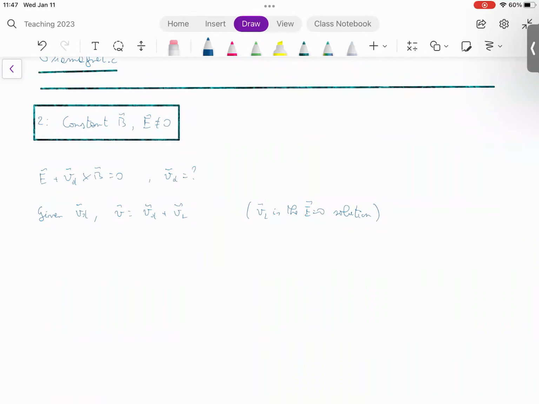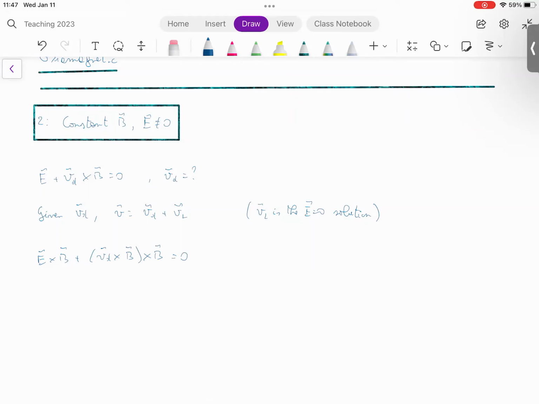I'm going to take my first equation, the one that I wrote, E plus V drift cross B equals 0, and I'm going to cross it with B. So I'm going to write E cross B plus V drift cross B cross B, and this is still equal to 0.